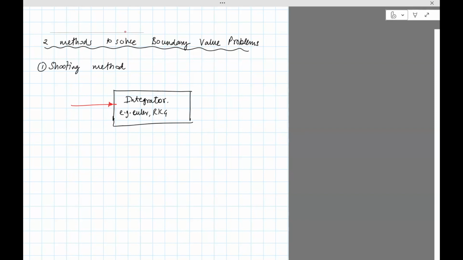So this is the value at x0. And out comes the values at different time intervals. So let's say that we know the value at x equals x1. This is y1.